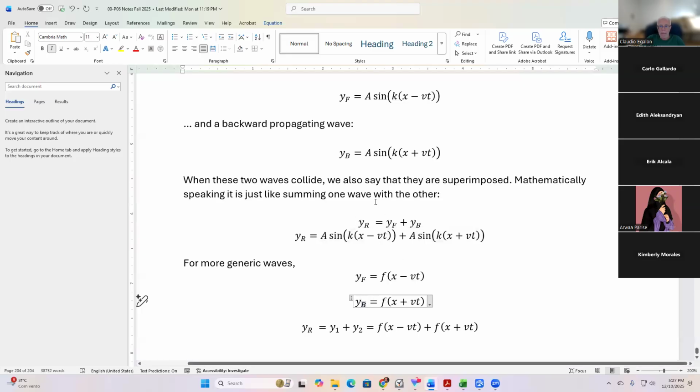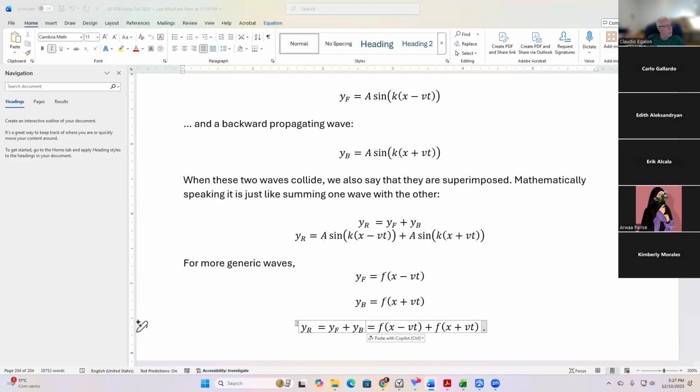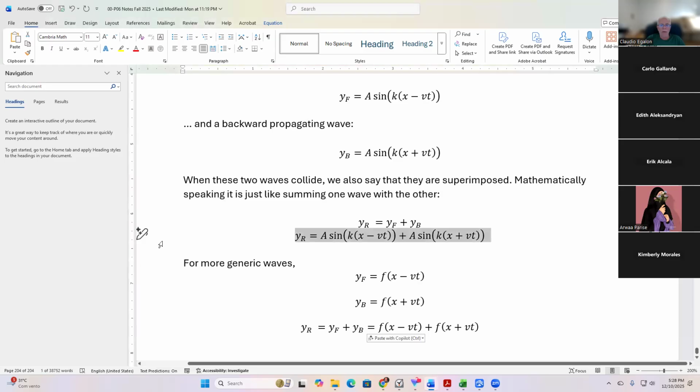Like that. Okay, so how can we rewrite? There's a way to rewrite this relation here in an easier way of understanding it.